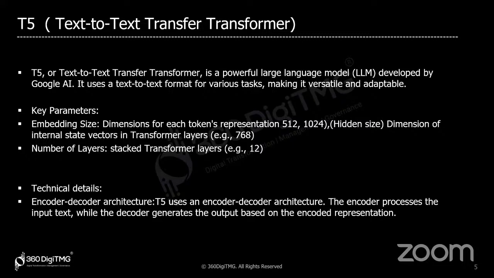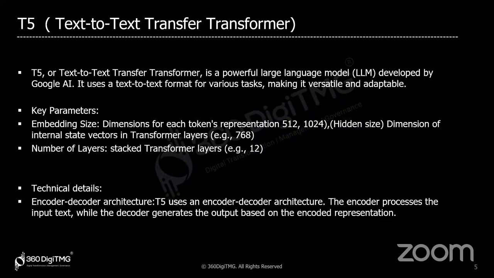So here, firstly, we are going to see T5, that is Text-to-Text Transfer Transformer. T5 is a powerful large language model developed by Google AI. It uses a text-to-text format for various tasks, making it versatile and adaptable.